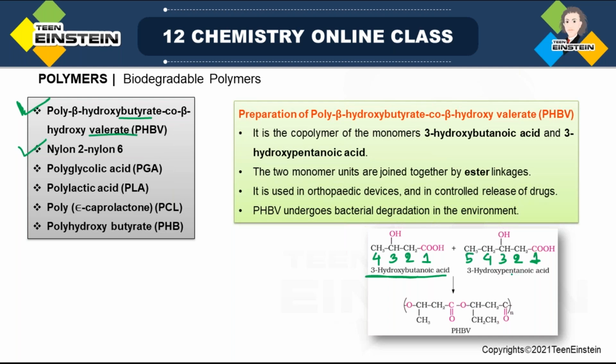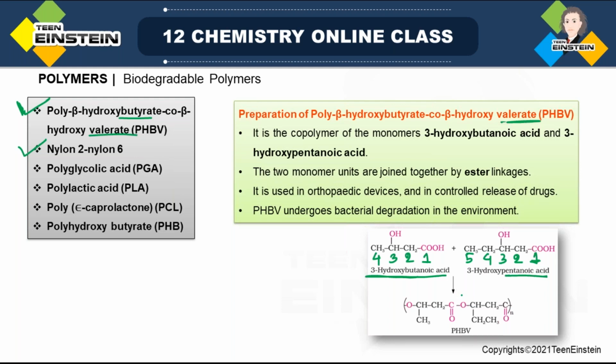It is still 3-hydroxy, but now it is pentanoic acid. The term valerate is used for 5 carbon. As there is a CO2H group and also an OH group, that means alcohol, what type of linkage is possible between these two groups? Obviously ester. So it is a polyester.